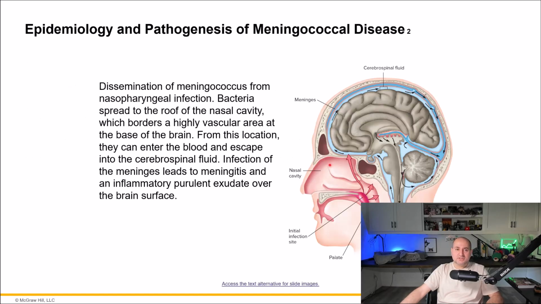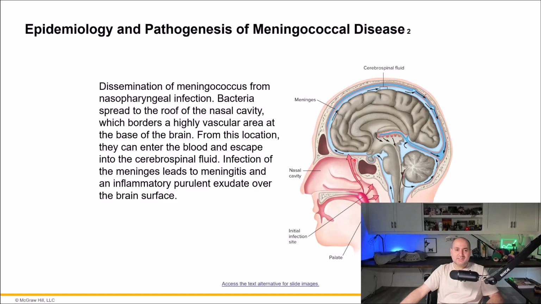So here's how it works. Again, you normally have Neisseria meningitidis in the upper respiratory tract, in the nasal cavity, nasopharynx area. However, if it were somehow to pass from the sinuses into the brain cavity like this, the bacteria spread to the roof of the nasal cavity, which borders a highly vascular area at the base of the brain.